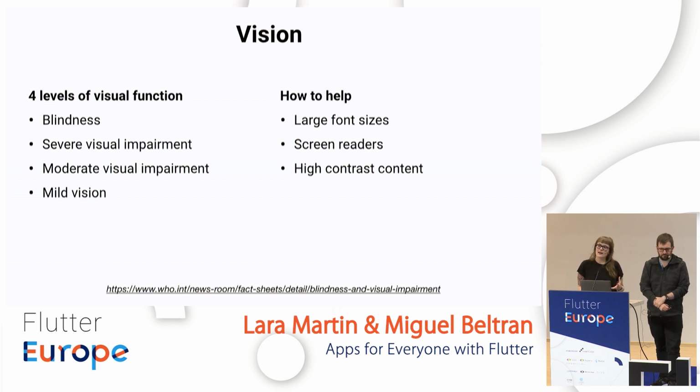So how can we help here? We should support large font sizes, support screen readers, and we can have high contrast content as well. Vision disability affects lots of people, as I said, but there are many users out there that can benefit from these improvements as well, even though they are not technically disabled.